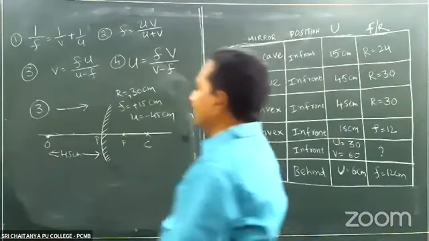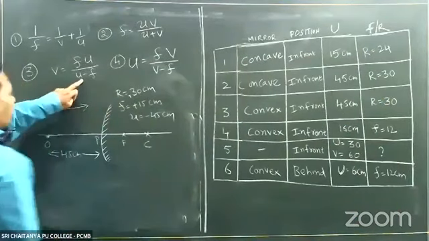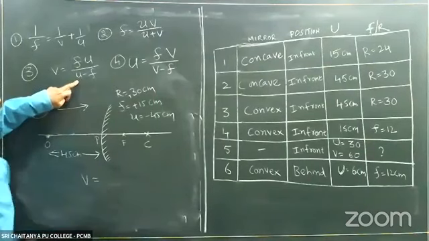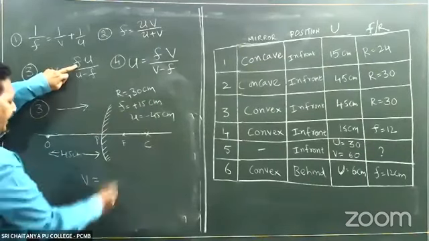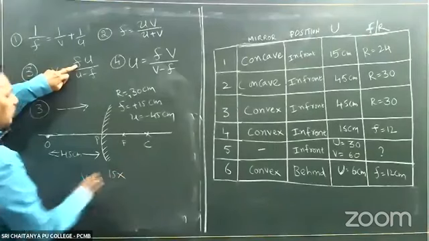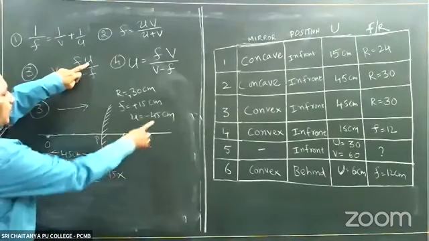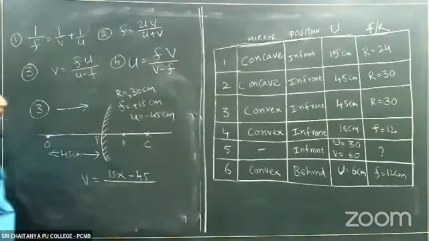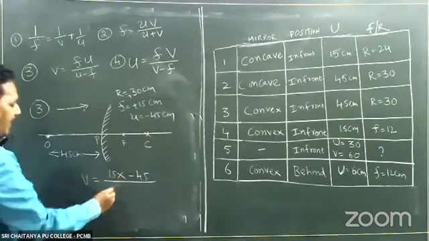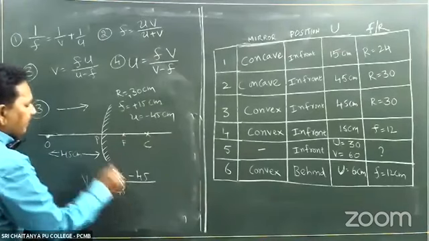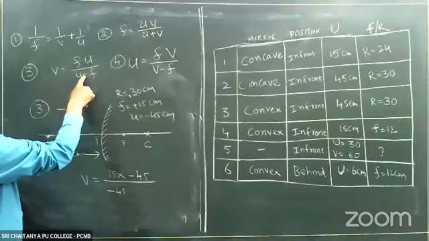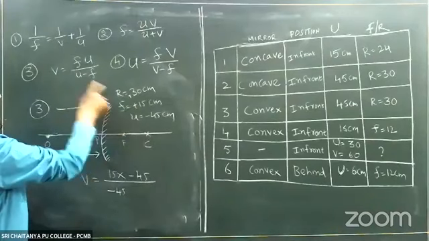That is what? V is equal to F into U by U minus F. What is the F value? 15 into what is the U value? Minus 45 by what is the U value? Minus 45, minus 45 minus F value plus 15.